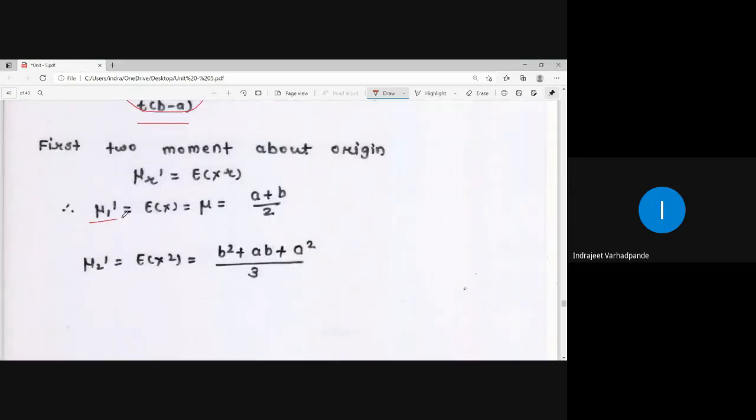As I said, mu1 dash is expectation of x, which is mu, and mu2 dash is expectation of x square, which is already calculated for the variance. How are they always calculating Var-x? They are calculating not using the definition but using the result, that is expectation of x square minus expectation of x whole square.